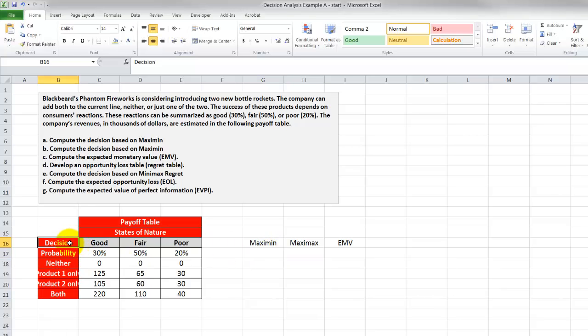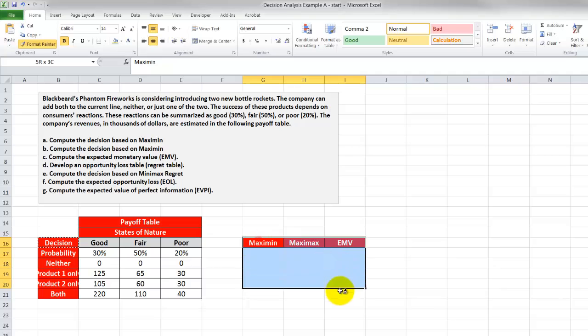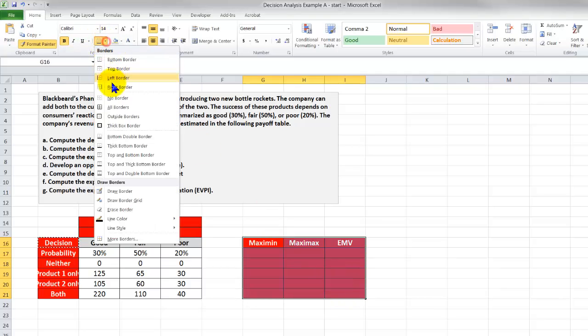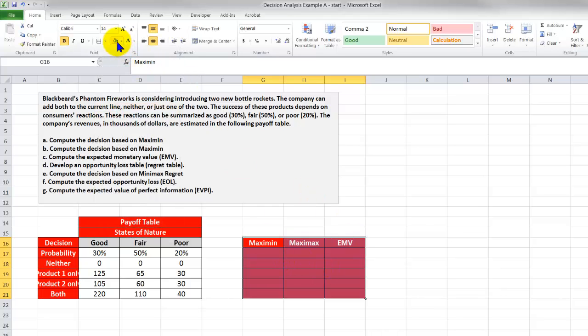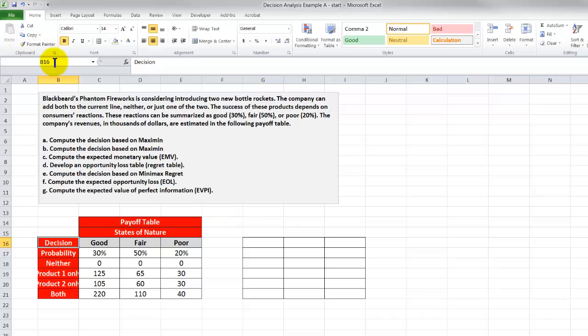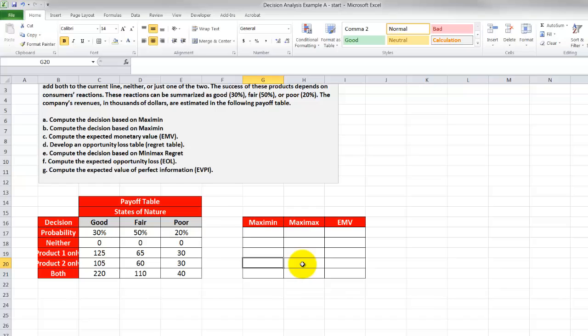Okay, I'm going to bring over some formatting. And hopefully once we're finished with this, everything is formatted well. Oops, I didn't mean that fill. Let's go ahead and do that again. Okay, so let's work on each one of these separately, and then I think you'll understand the layout of what I'm doing here.